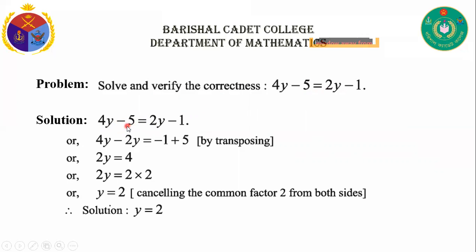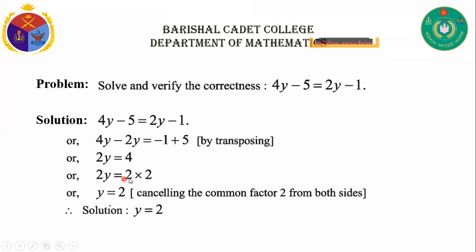Here 5 has a negative sign, so if we transfer 5 to the right hand side, its sign will be positive. And 2y from the right hand side to the left hand side, the sign will be changed, so positive 2y becomes minus 2y. That is 4y minus 2y equal to minus 1 plus 5. 4y minus 2y equals 2y, and minus 1 plus 5 equals 4.